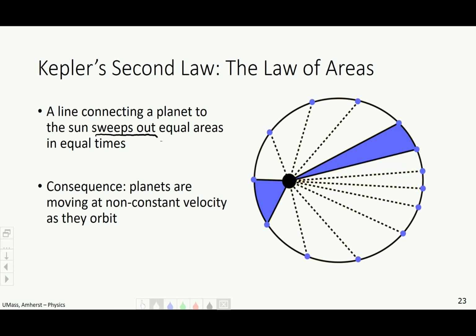What Kepler's second law says is that if this area is the same value as this area, then it took the same amount of time, this delta t and this delta t, to move this distance and this distance. And that turns out to be true.